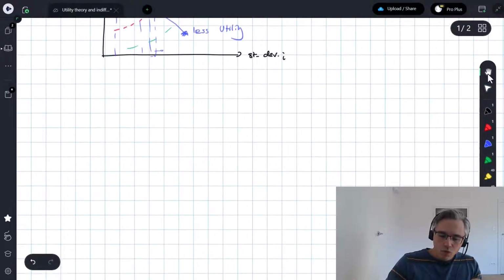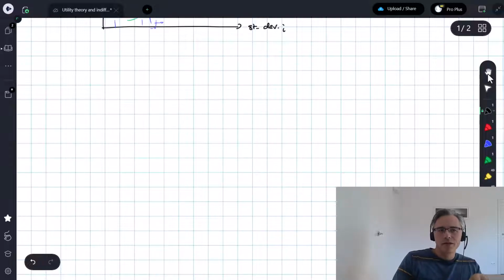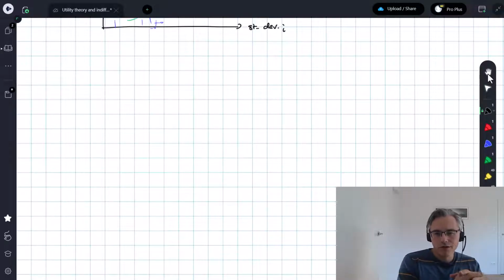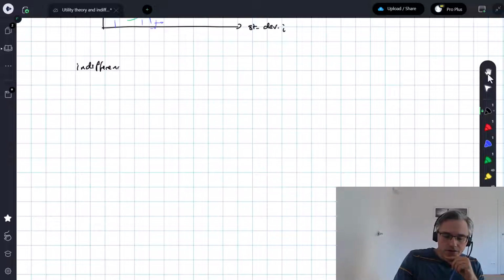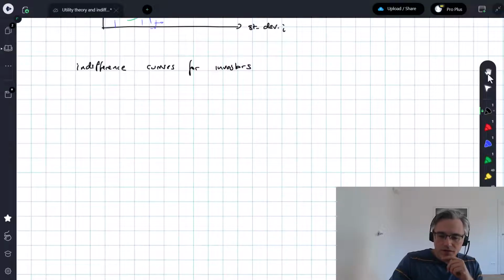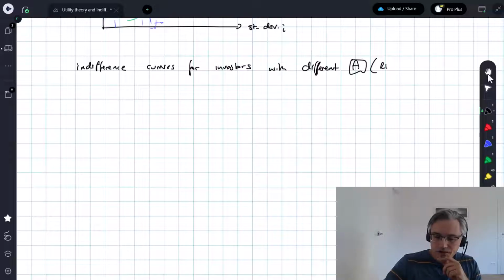And one more thing that I want to graphically depict before we start solving numerical questions is how you would map out indifference curves, but now not for the same investor, but for investors with different levels of A, being the measure of risk aversion.